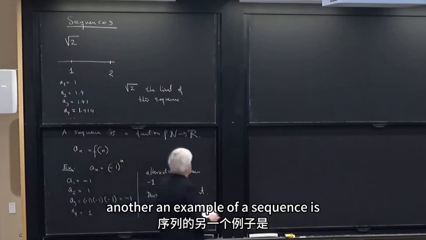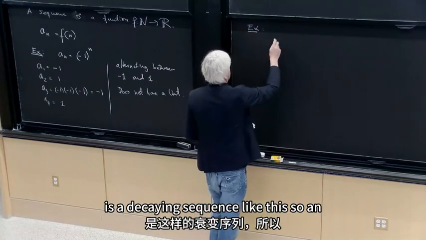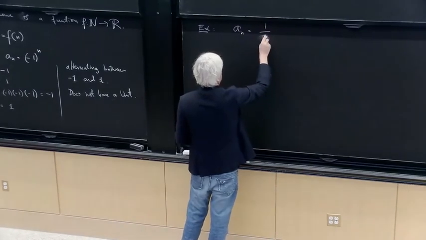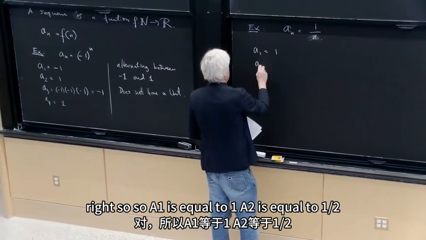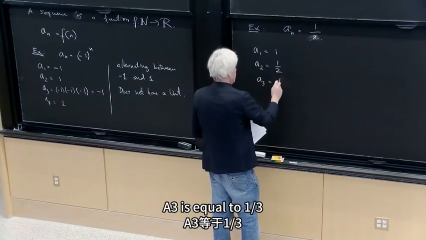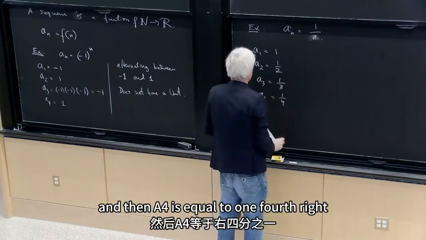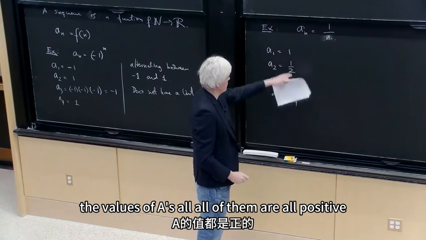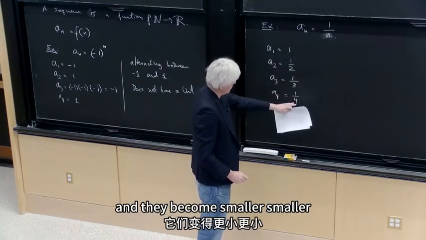An example of a sequence is a decaying sequence like this. So a_n is equal to 1 over n. So a1 is equal to 1, a2 is equal to a half, a3 is equal to a third, and then a4 is equal to 1/4. These numbers are all positive, and they become smaller and smaller.